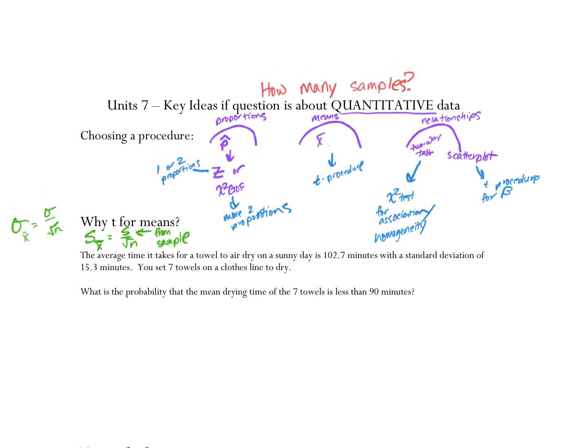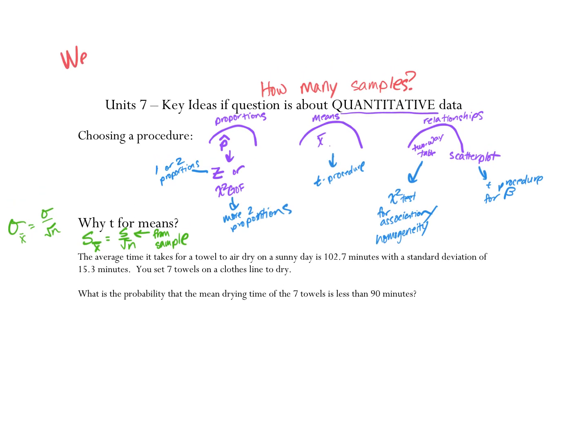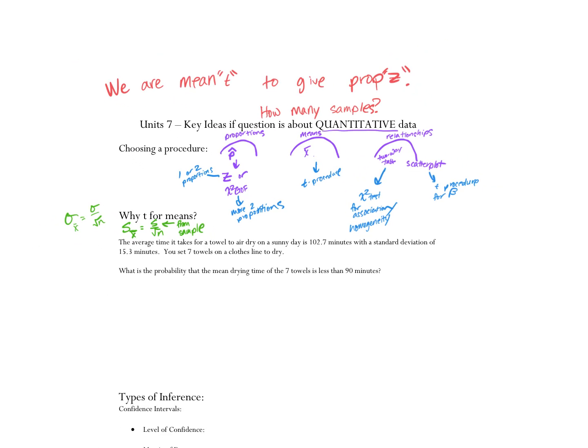And then the other component is a little cue, a saying that a lot of AP Stats teachers use: we are meant to give props, where Z goes with proportions and T goes with means. It kind of dates me and makes me feel old, because in my day, if you were giving somebody a compliment, you were giving them props. But it doesn't really fit your vernacular anymore.